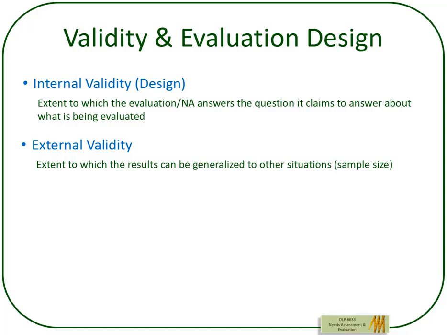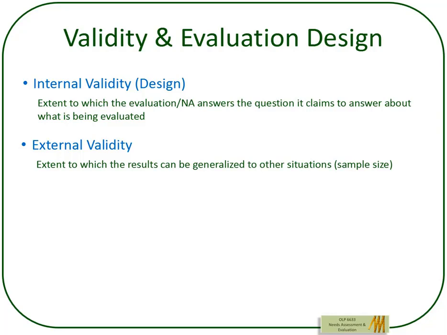We don't usually do that kind of generalization in evaluation. In evaluation, we tend to say, I'm looking at this organization at this point in time right now, what do I find out? We're not trying to generalize to other organizations or even to this organization in another point in time. So external validity matters, but it doesn't matter as much in evaluation as internal validity does.